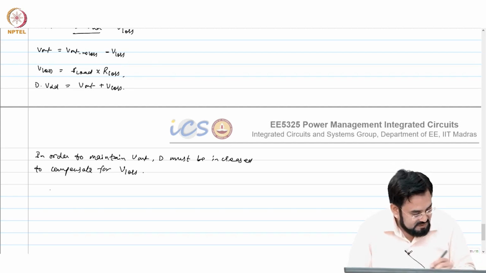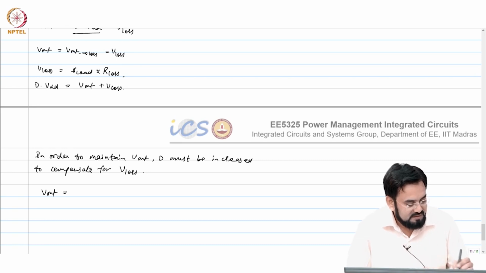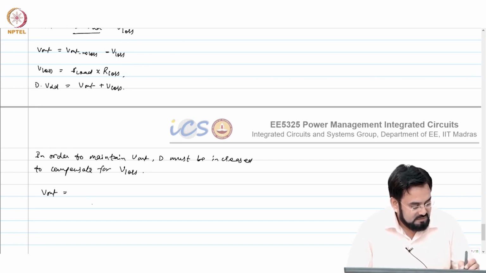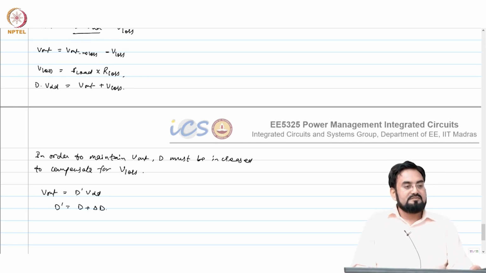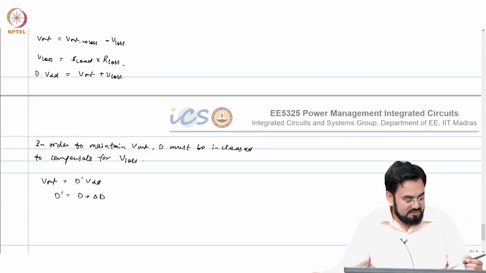So, which means your V out is nothing but D dash VDD, where D dash is D plus delta D. Correct.